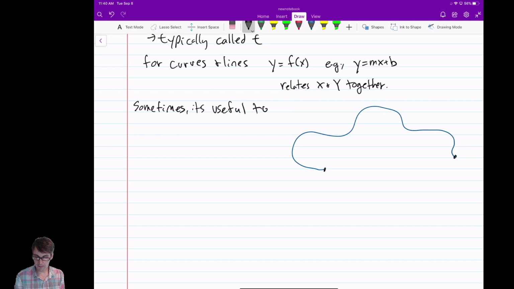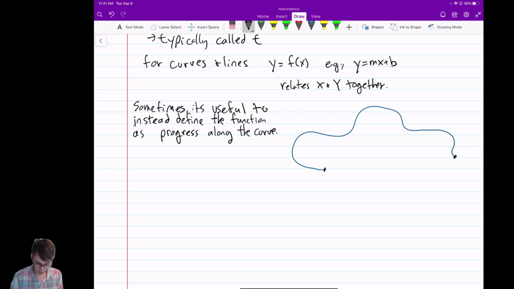So instead of defining what x and y are related to, we define the function as progress along the curve.